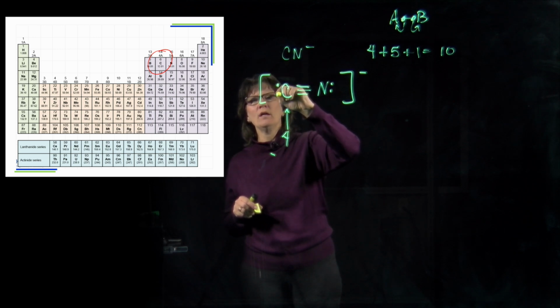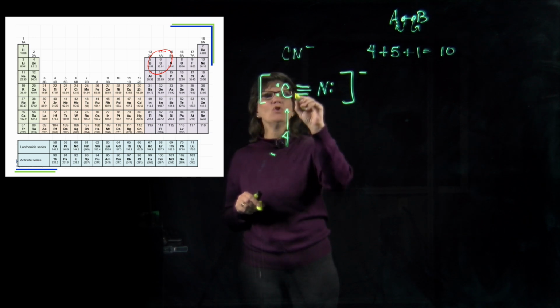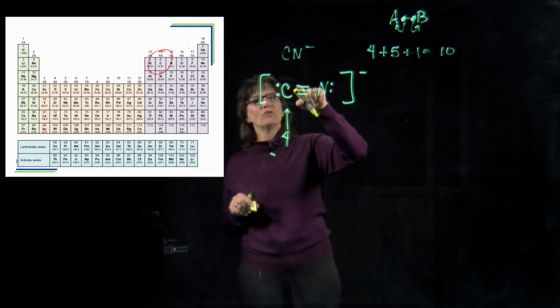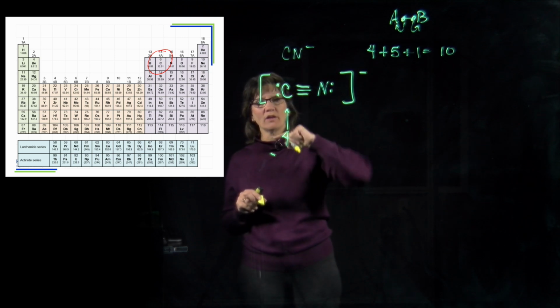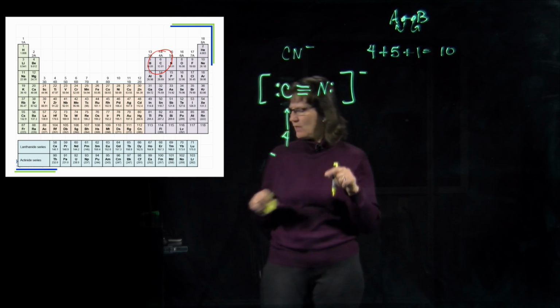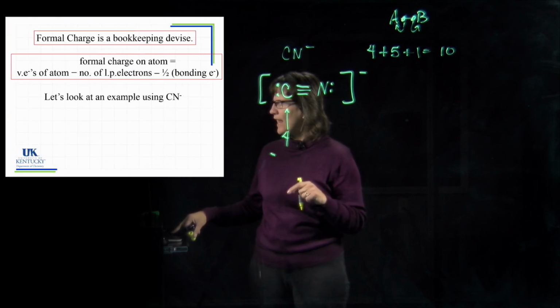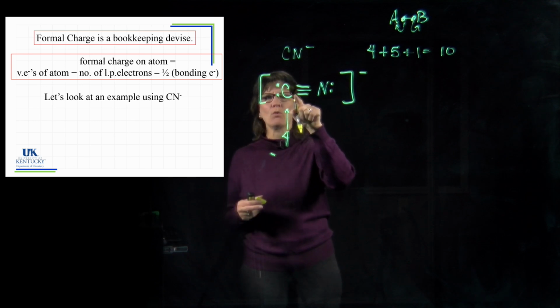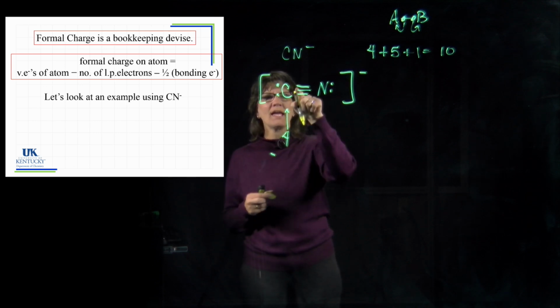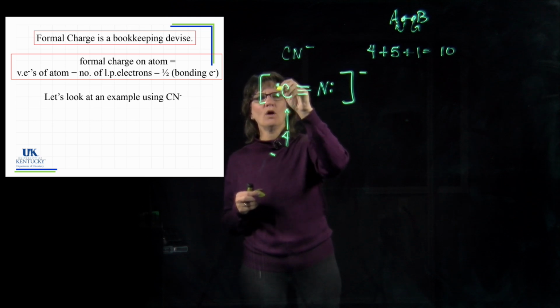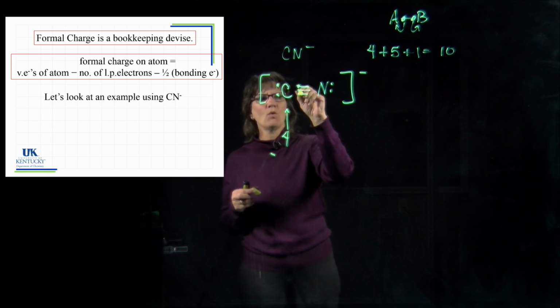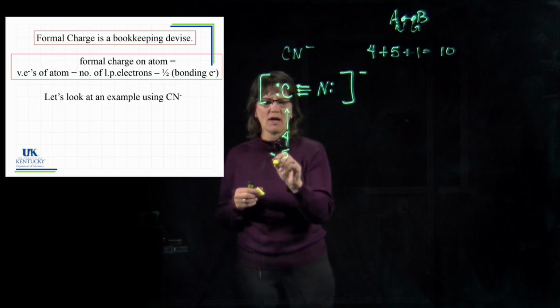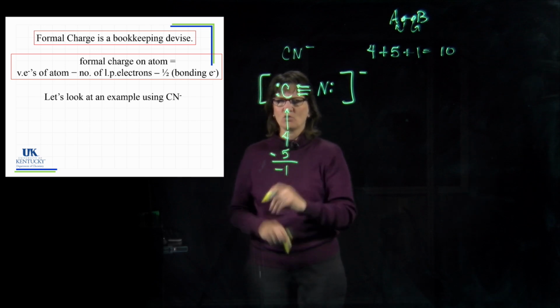So that'd be 1, 2. And then you're also going to count up 1 per bond. That's what I meant by 1/2 the bonding electrons. There's 6 bonding electrons there. Carbon has 8, but for our bookkeeping, we're only going to count 1 per bond. So we have 1, 2, 3, 4, 5. So we would subtract 5. And that gives me a -1.